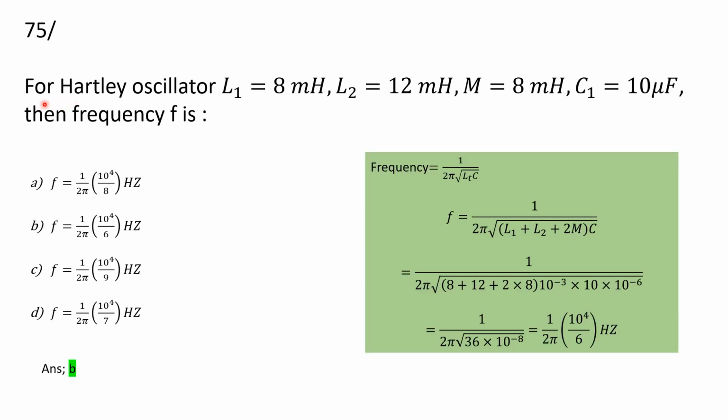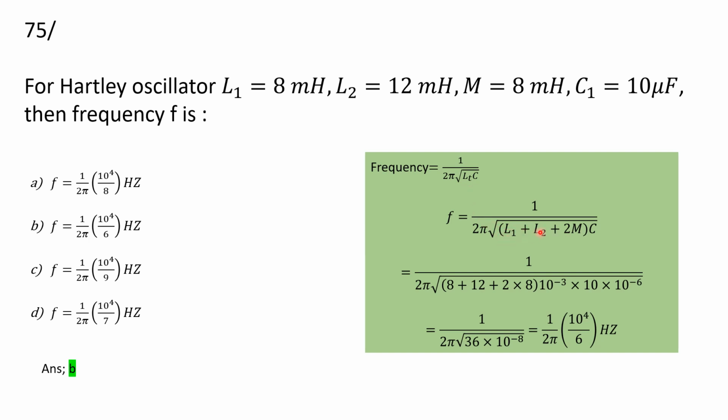And then for the Hartley oscillator, L1 is equal to 8 mH, L2 equal to 12 mH, and M equal to 8 mH. And here C1 is given as 10 microfarad. Then the frequency F is asked, and here you can see the options. So let's jump to the solution directly. The frequency formula is equal to 1 by 2 pi root over LTC, and here the LT value will be equal to L1 plus L2 plus 2M.